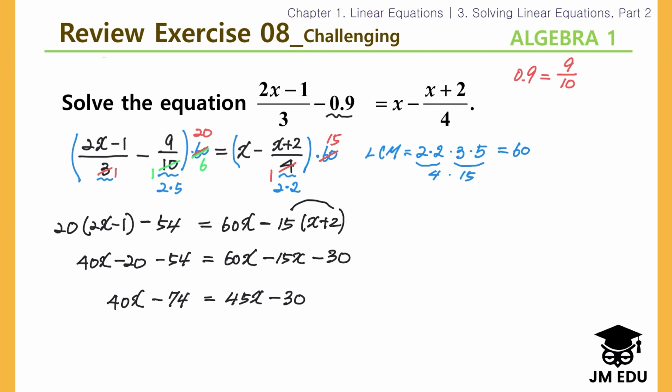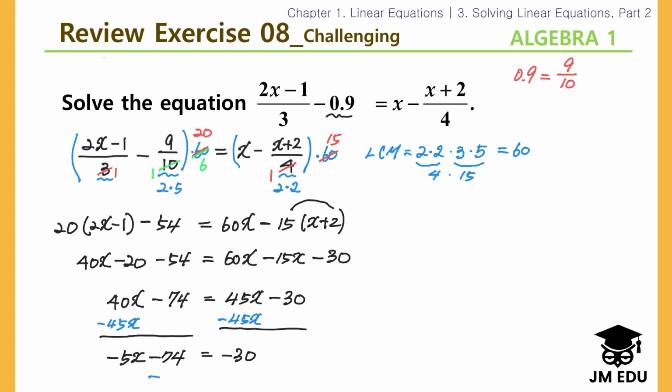So minus 45x on each side. That gives us minus 5x minus 74 is equal to, here we have negative 30, right?